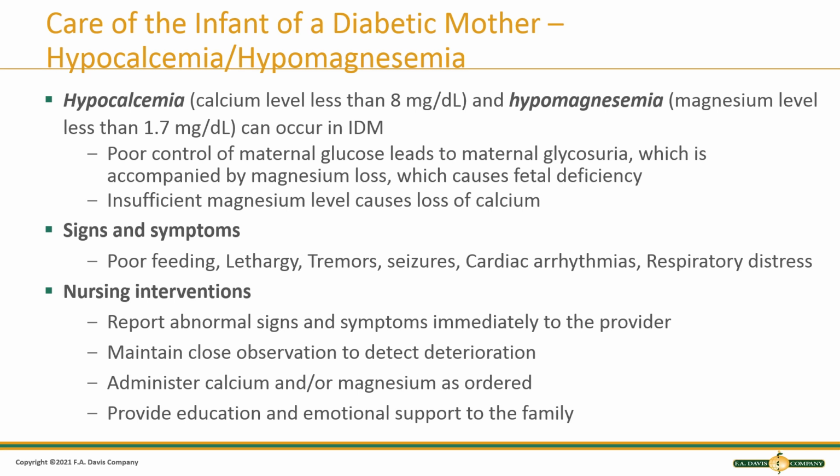If you lose magnesium, you're going to lose calcium too. So they may have poor feedings, they may be lethargic, there may be tremors, seizures, they may have irregular heartbeat, and they may have respiratory distress. As we observe these signs and symptoms, we need to let the provider know, continue to monitor closely, give the calcium and magnesium if it's ordered, and educate and support the family.